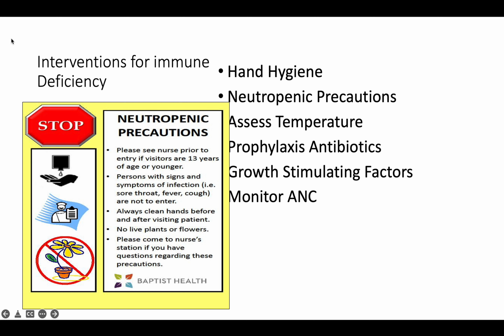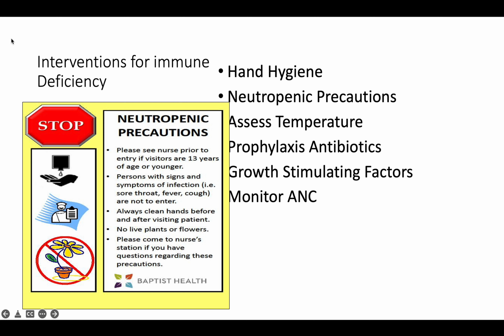Now back a little bit to the neutropenic precautions. We typically institute those if that ANC is below 1,000. And the steps of those neutropenic precautions are hand hygiene before and after patient care. Staff and visitors wear a mask when entering the room, and patients mask when outside of the room.